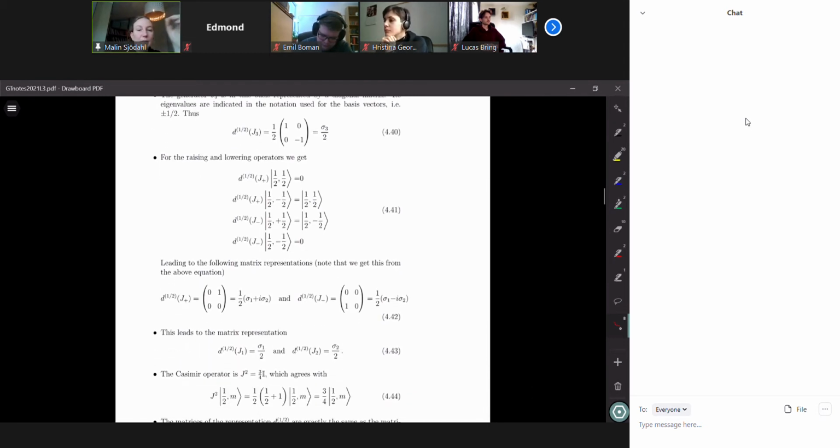And this means that we can identify the matrix representation. So the d1/2 representation of the j plus element is then this thing. Why? Because it maps the lowest state to this state.